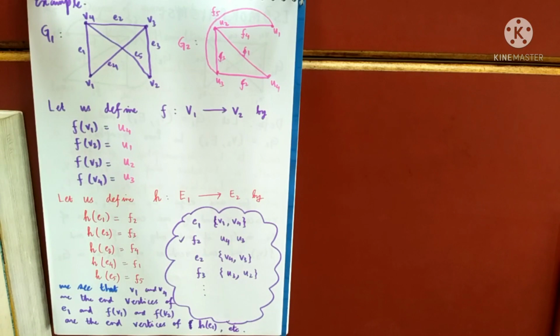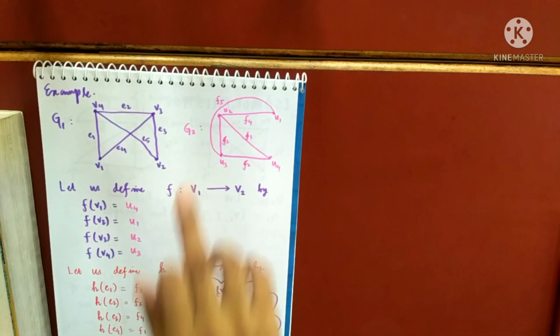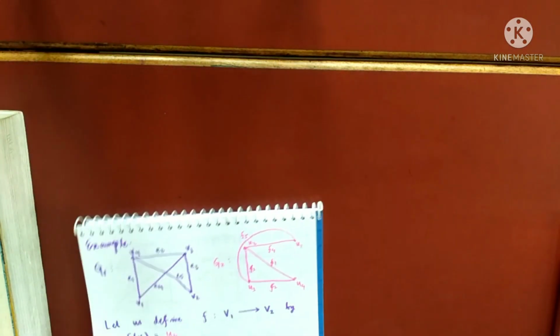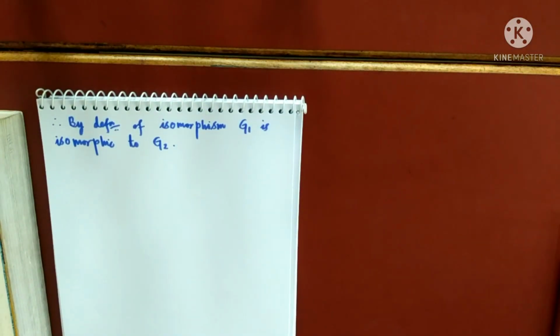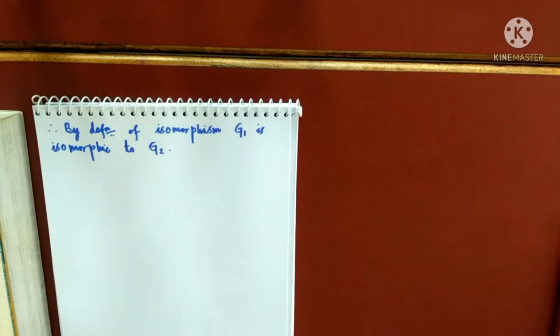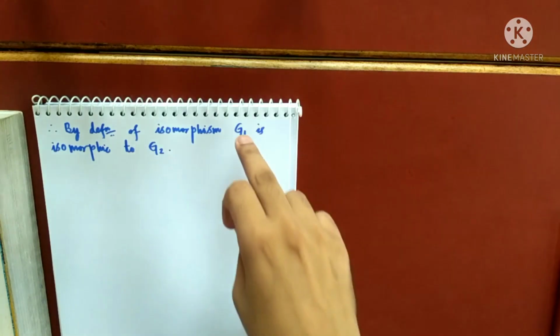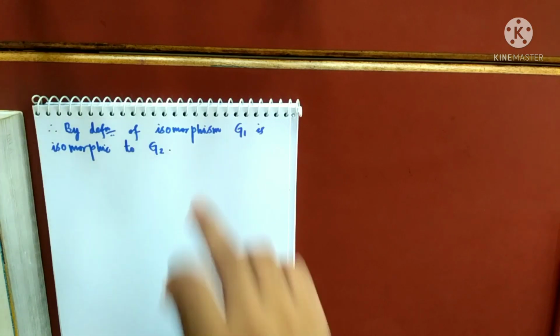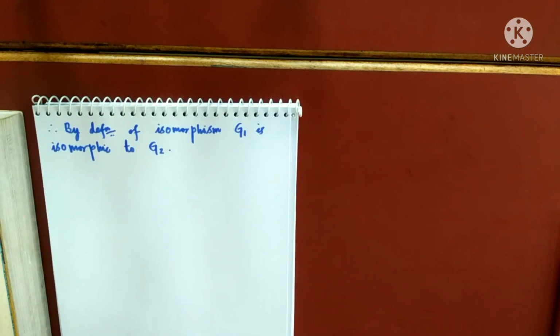So by definition of isomorphism, G2 will be isomorphic to G1. So note this thing. If G1 is isomorphic to G2, then G2 is isomorphic to G1. So instead of writing G1 is isomorphic to G2 or G2 is isomorphic to G1, we can also write that G1 and G2 are isomorphic. Okay, we can write that down.